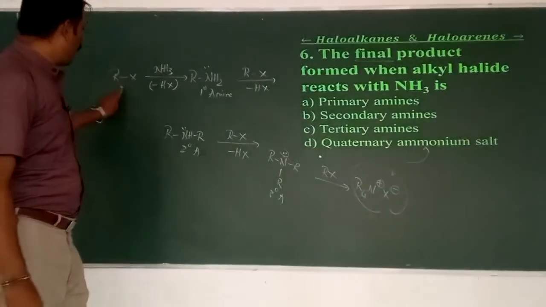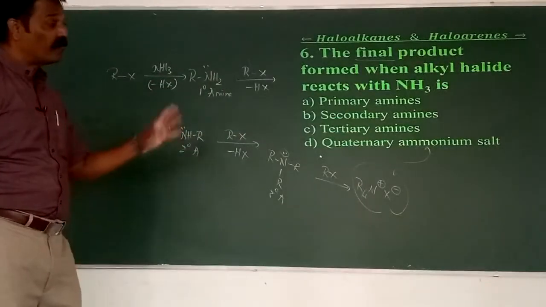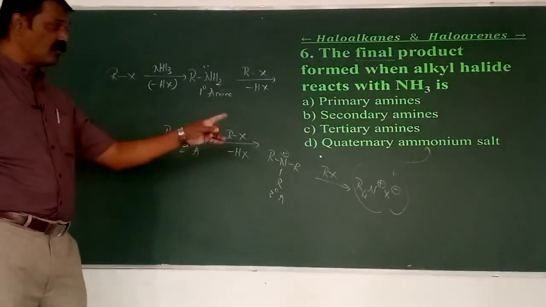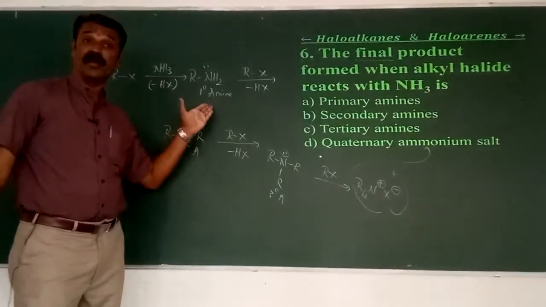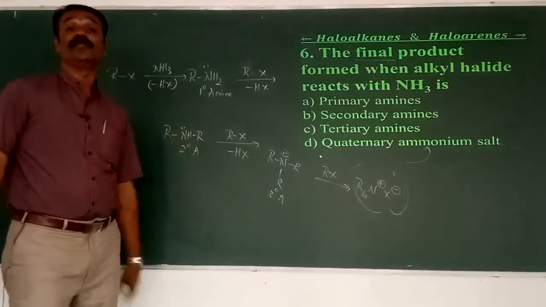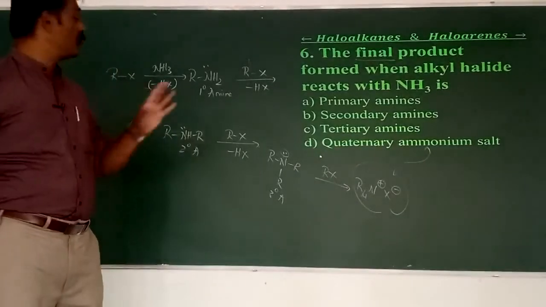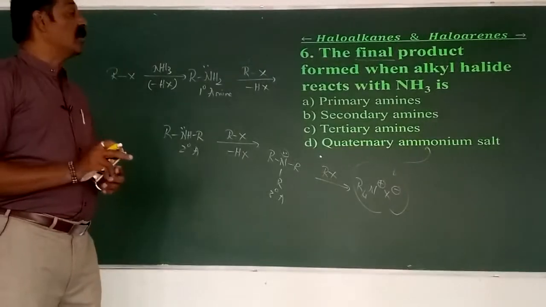Means when haloalkanes react with excess of haloalkanes, or when the final product is obtained, it is only the quaternary ammonium salt. Suppose if it is 1 mole, it has primary amine. If it is 2 moles, secondary amines. If it is 3 moles, it is called as tertiary amines. If it is 4 moles from the starting RX, it is found to be the which one? Quaternary ammonium salt.